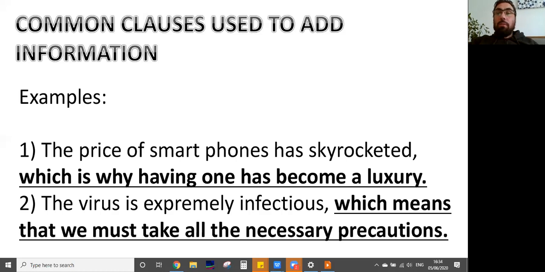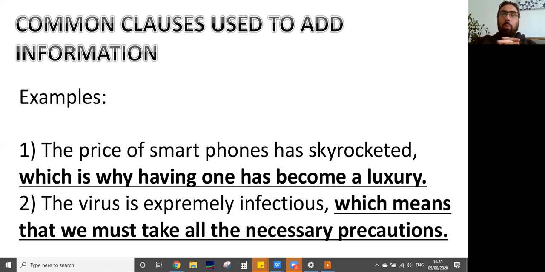This is a beautiful way we are fulfilling the task achievement requirements, and also we are using some complex structures, and also for coherence and cohesion, we are using an advanced linker, reference link, substitution to avoid repetition. So we're doing lots of lovely things at the same time, which is why having one is referring to a smartphone. So this is also a reference link as well.